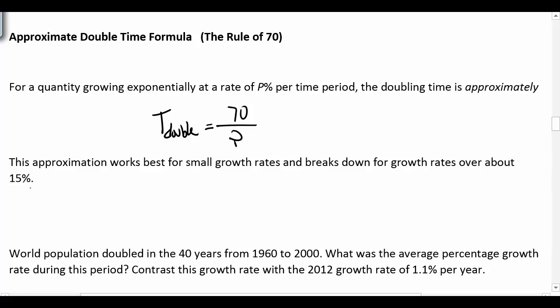The warning here is that this typically only works for up to about 15%. If our growth rate exceeds 15%, then there's a more exact formula that we want to use, and we'll eventually get to see how that works.